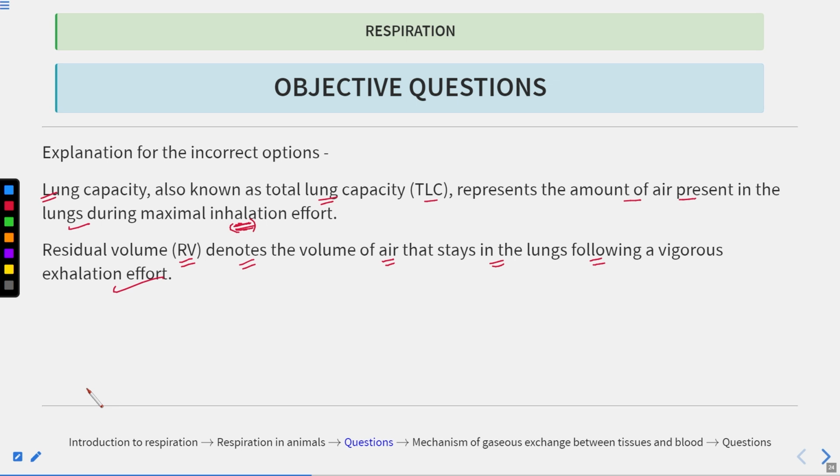Some volume is still left, and that volume of air is known as the residual volume. So lung capacity is related to inhalation, and residual volume is related to exhalation. Clear? So that's why the answer was the tidal volume.